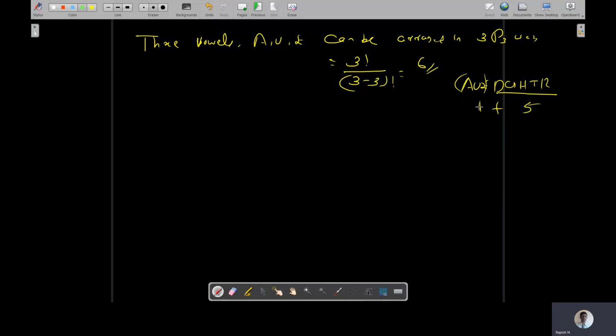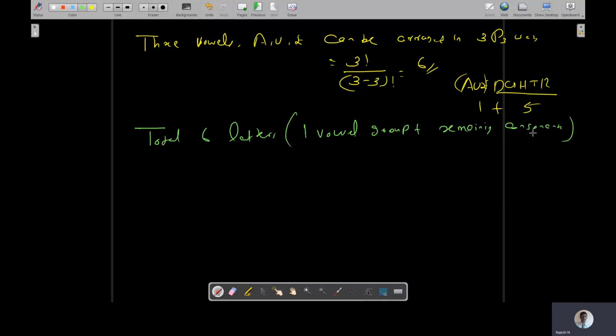Now this can be considered a single letter. So 1 plus 5, in total how many letters? 6 letters. That means one vowel group plus the remaining consonants can be arranged in how many ways? 6P6 ways, because AUE is coming together.